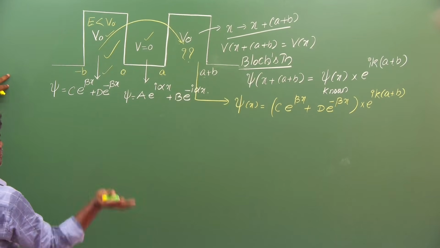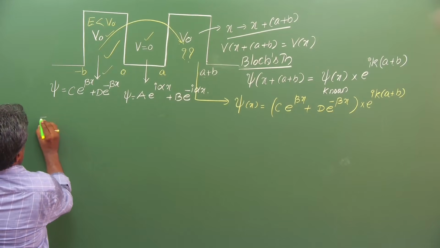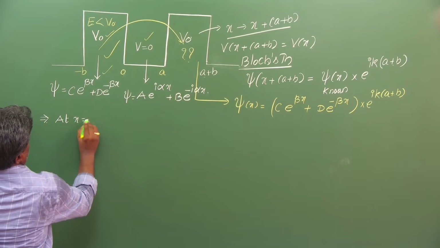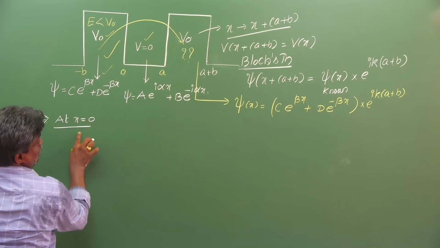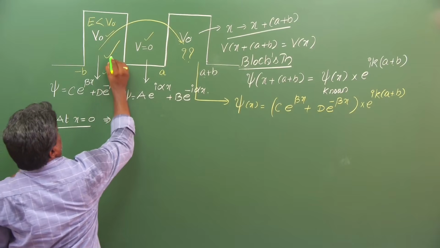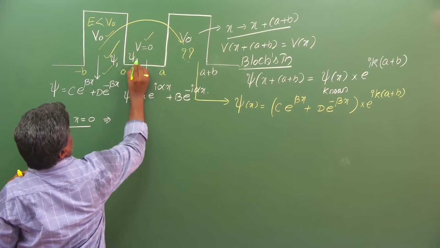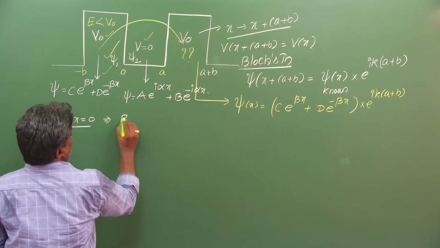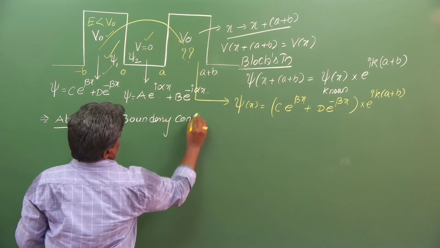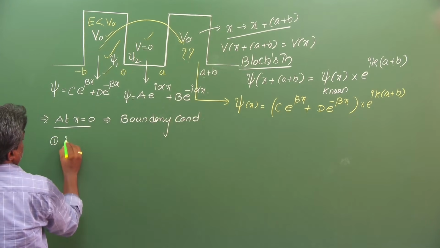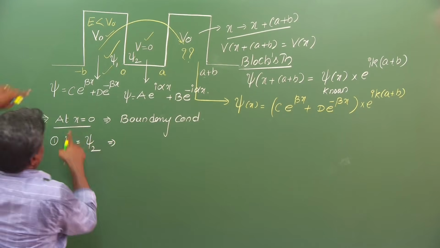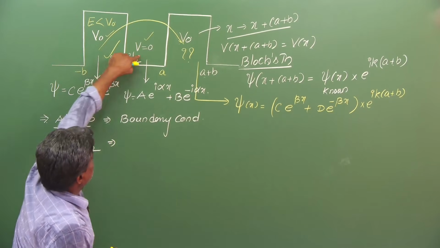Right. Now once again, I am taking x equal to 0. X equal to 0 means this one. This is my psi 1 and this is my psi 2. I am taking the boundary conditions. First one, psi 1 equal to psi 2. Psi 1 you know, psi 2 you know.